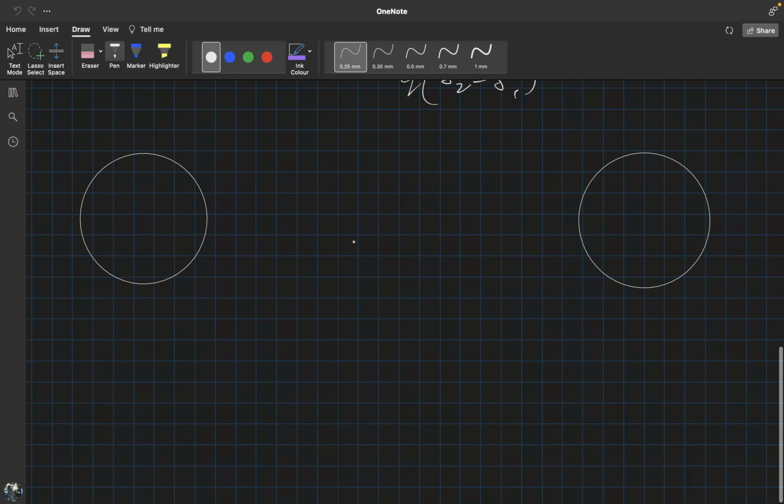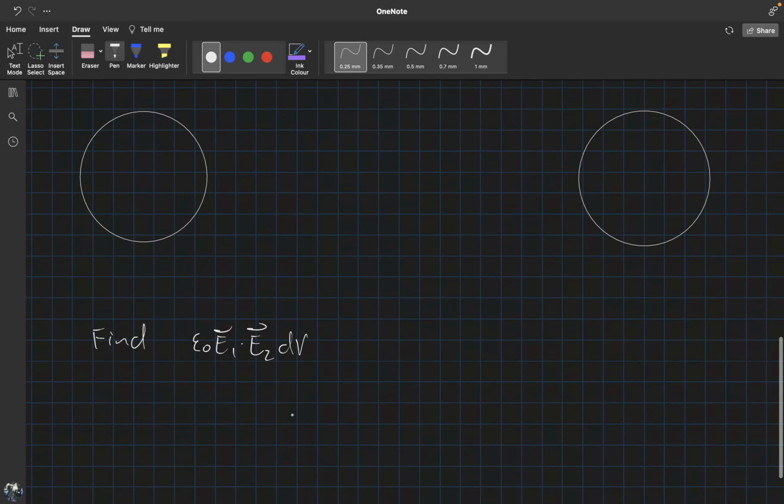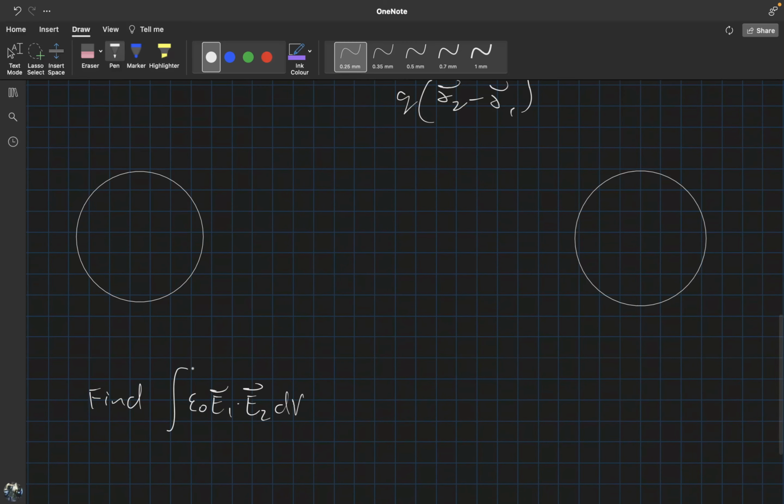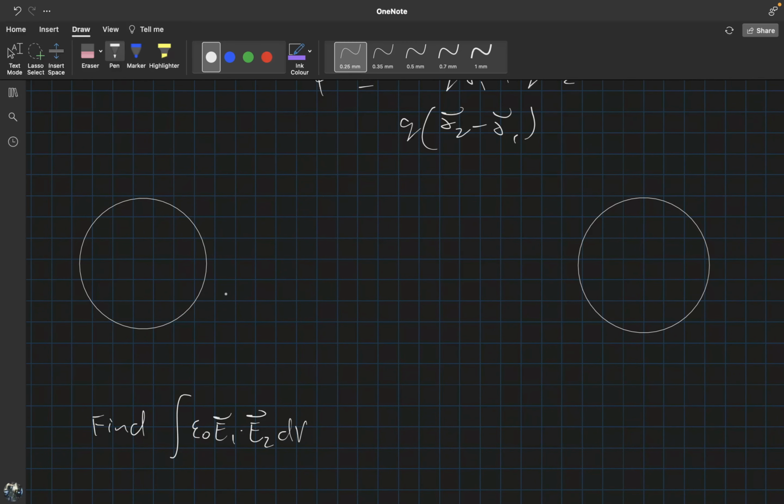Find epsilon naught times the integral of E1 dot E2 dv for the open space outside the two spheres.